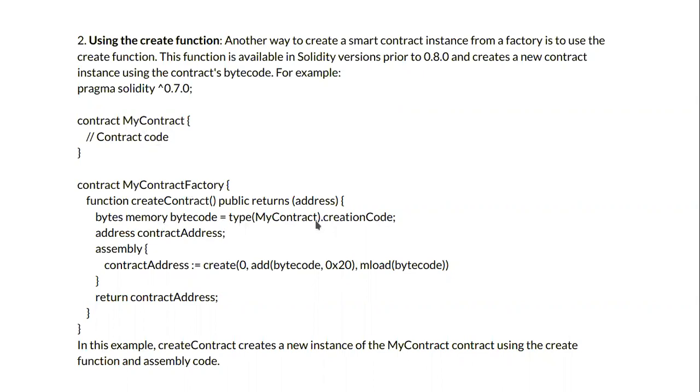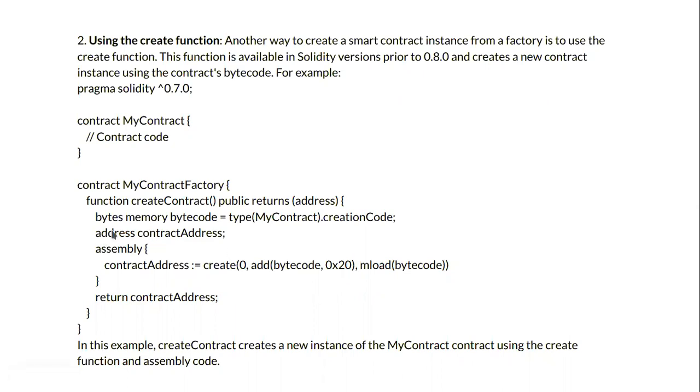Using this, you get the bytecode of this particular contract. And that is what create uses to create a new instance of MyContract. It uses the contract bytecode to create a new instance of a particular contract at a new address.